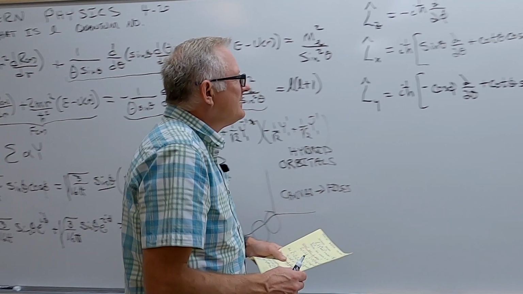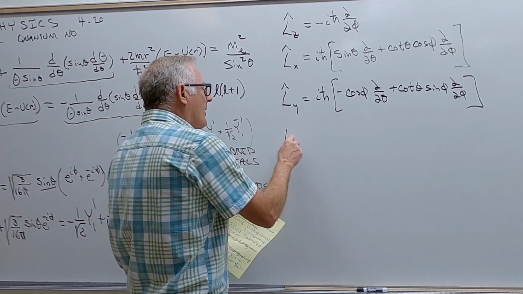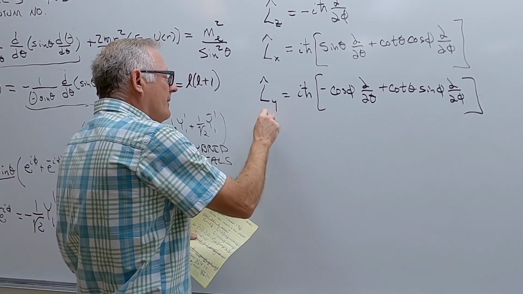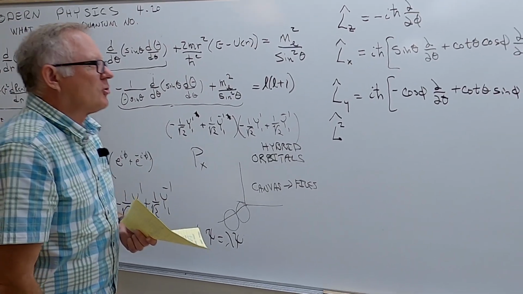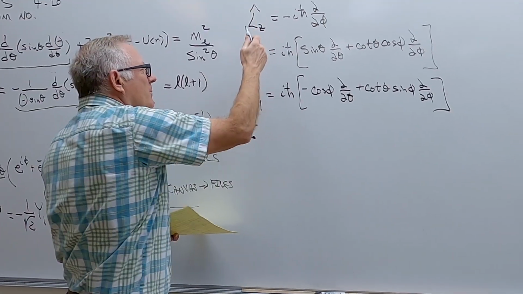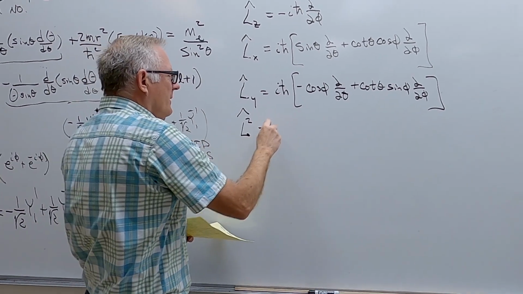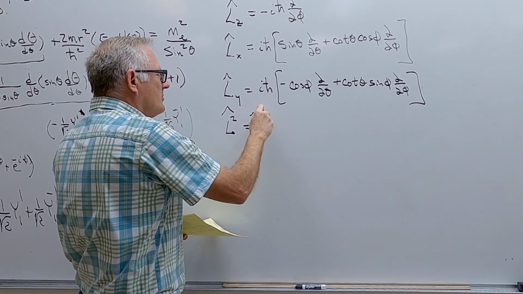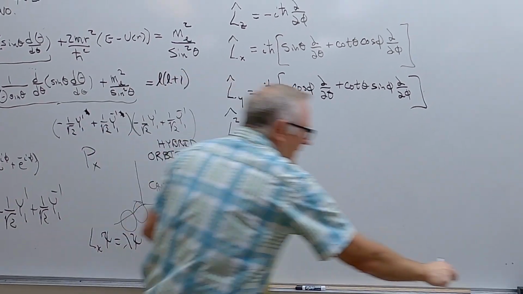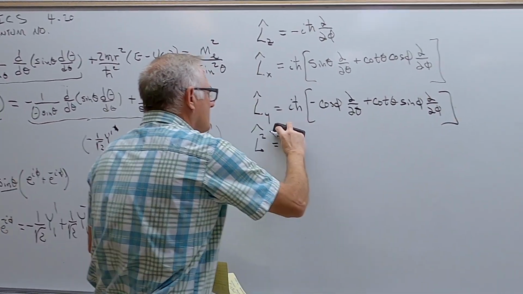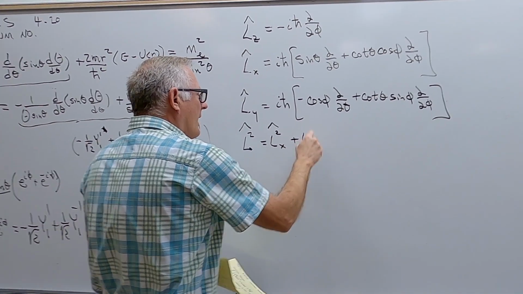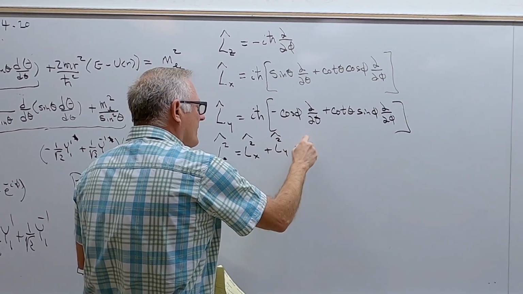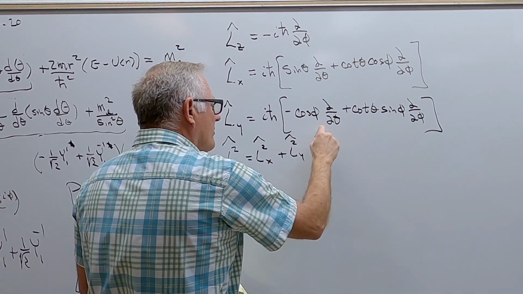But what happens if we were to find L squared? The operator of the total angular momentum squared. Well, that would just be this squared plus this squared plus this squared. That would be Lx squared plus Ly squared plus Lz squared.